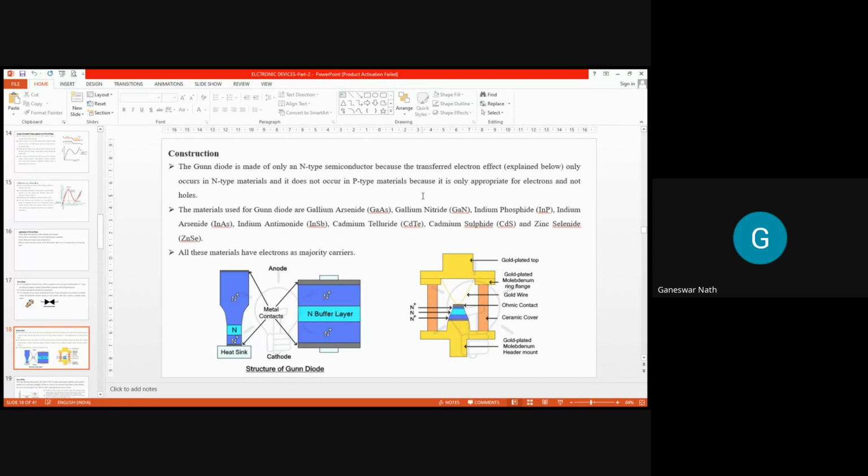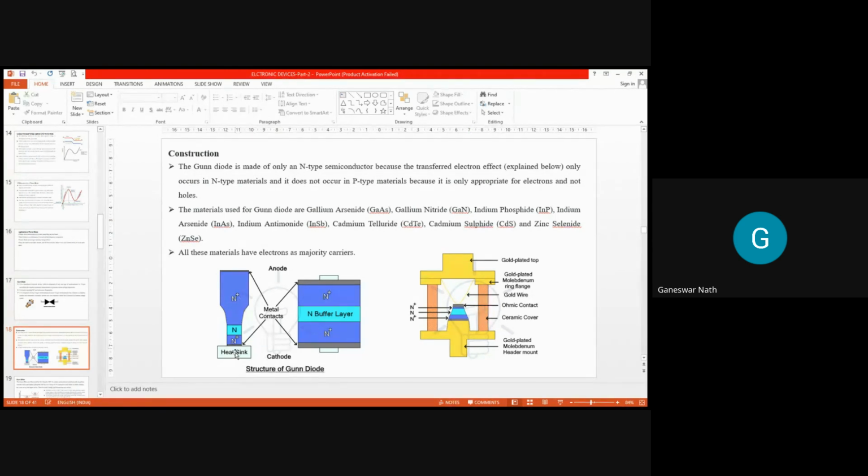It is only appropriate for electrons, not for holes, as I told you just a few minutes before. The materials used in Gunn diodes are gallium arsenide, gallium nitride, indium phosphide, indium arsenide, indium antimonide, cadmium telluride, cadmium sulfide, and zinc selenide.